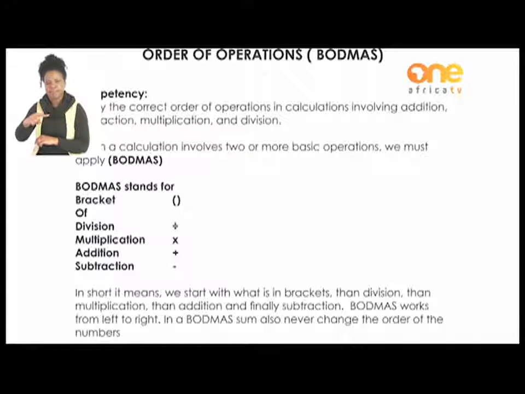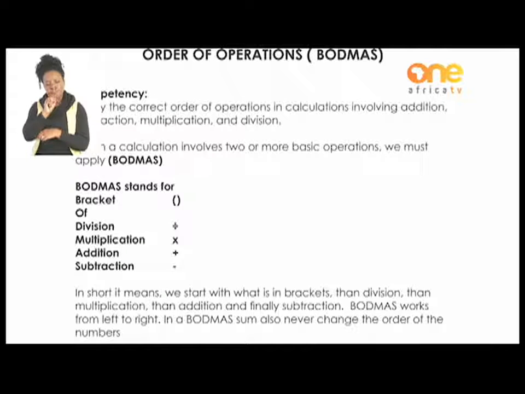So, in short, we start with what is in brackets, then division, then multiplication, then addition, and finally subtraction. BODMAS works from left to right, and we will explain that when we get to the examples. And one important rule in BODMAS: never ever change the order of the numbers. We will also explain that when we get to our examples.